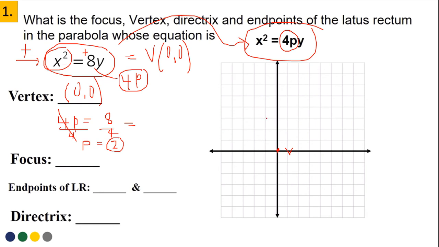So the opening of the parabola is upward.